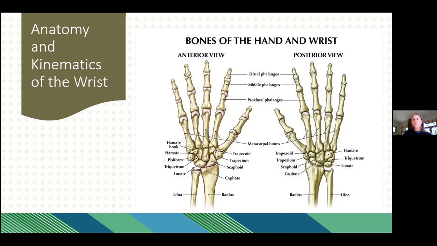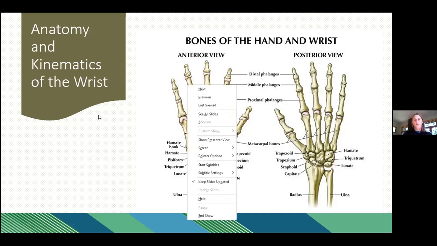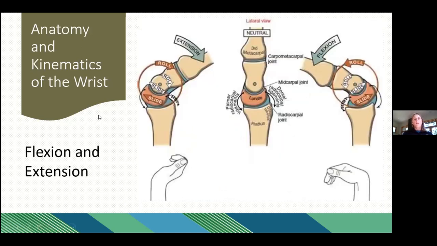So when we look at the motion of the wrist, there we go. This is a general slide of what happens at those joints with flexion and extension of the wrist. When we extend the wrist, or bring it backwards towards the back of our forearm, you get a rolling of the bones on the radius below.